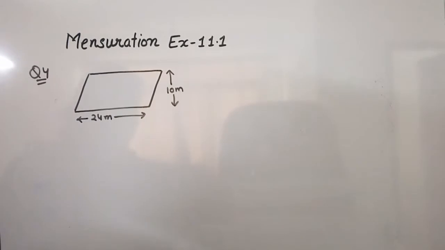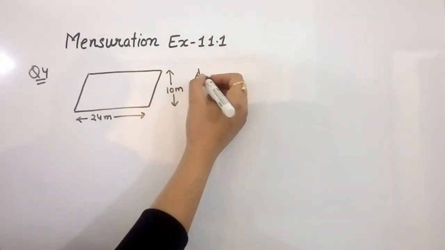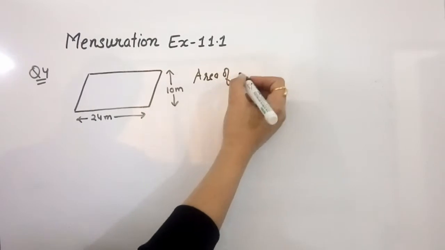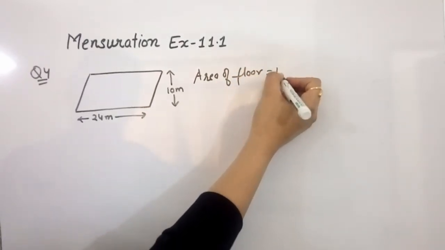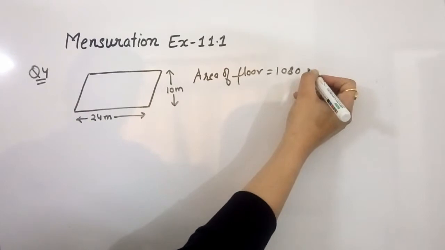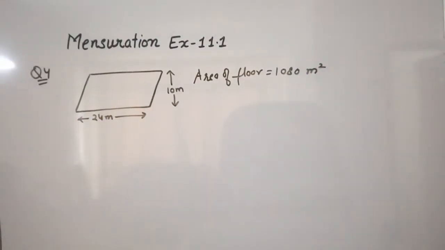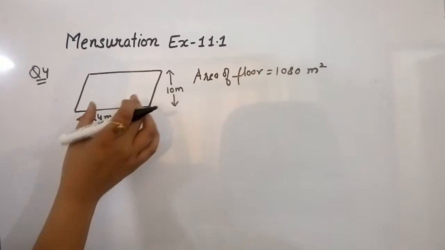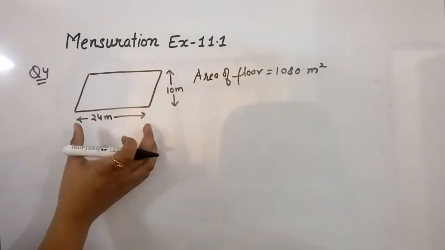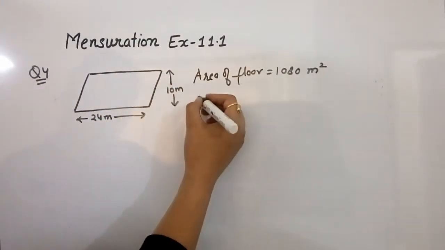A flooring tile has a shape of parallelogram whose base is 24 centimeter and corresponding height is 10 centimeter. How many such tiles are required to cover a floor of area 1080 meter square? So the area of the floor is 1080 meter square, and this is a single tile, which has area 24 into 10.